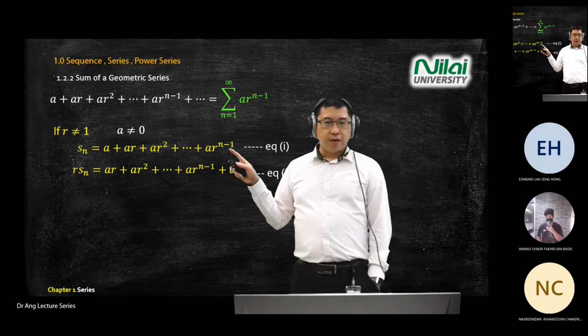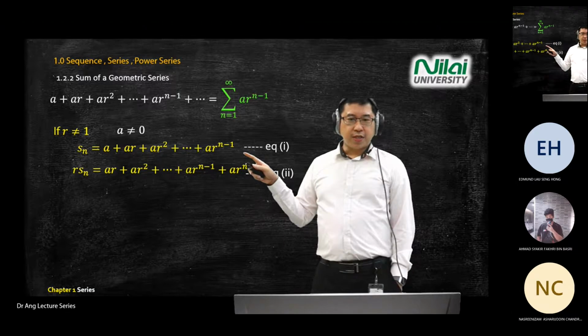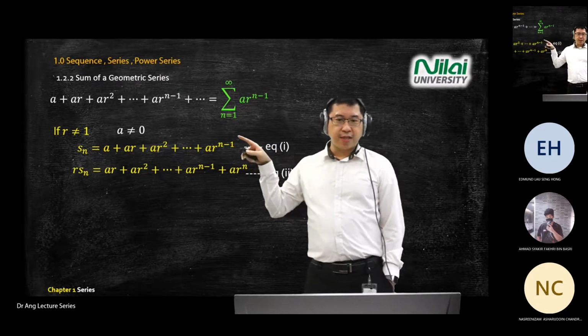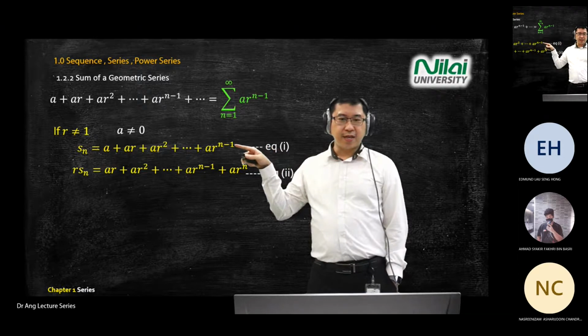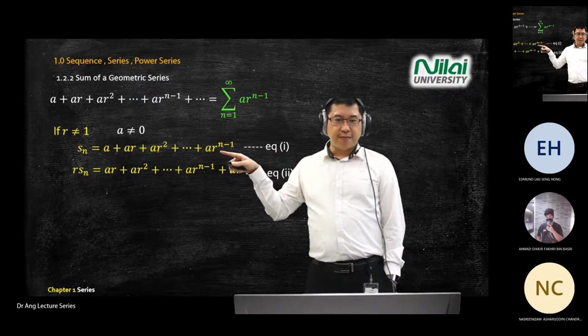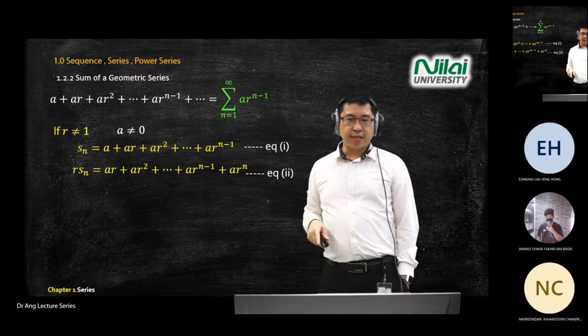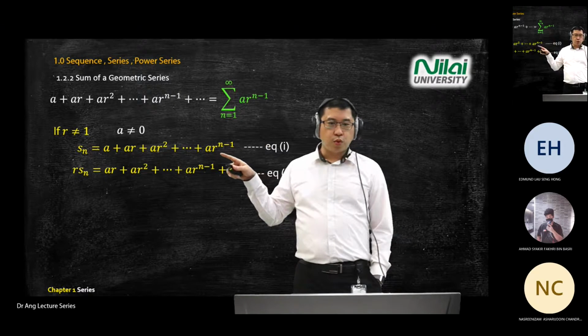So we modify the first equation. We try to take away the minus 1 in the equation. How do we take away the minus 1? Because if you look at R power n minus 1, what does it mean? It means you divide, right?